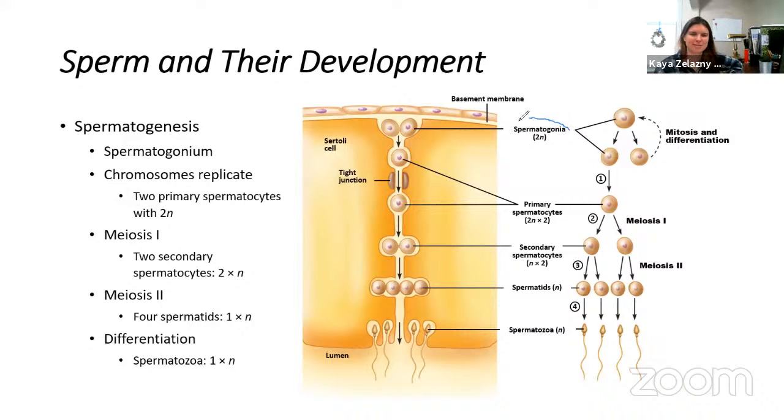So I want you to know spermatogonia are the cells that we start with, and they're diploid. Okay. So diploid is that 2N. Then I want you to know they undergo meiosis and become spermatids, which are haploid.